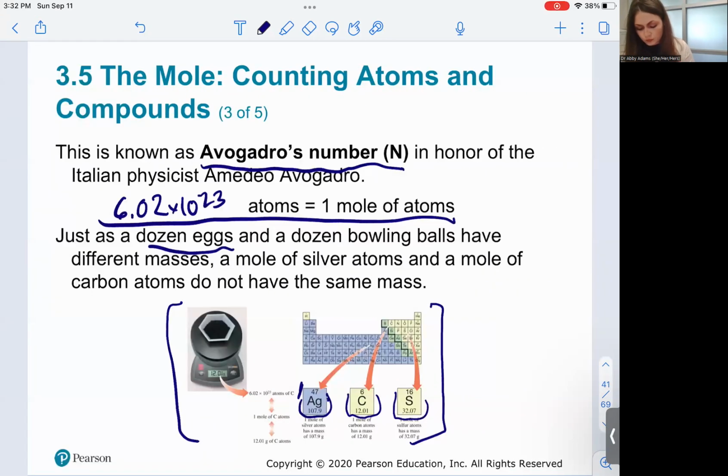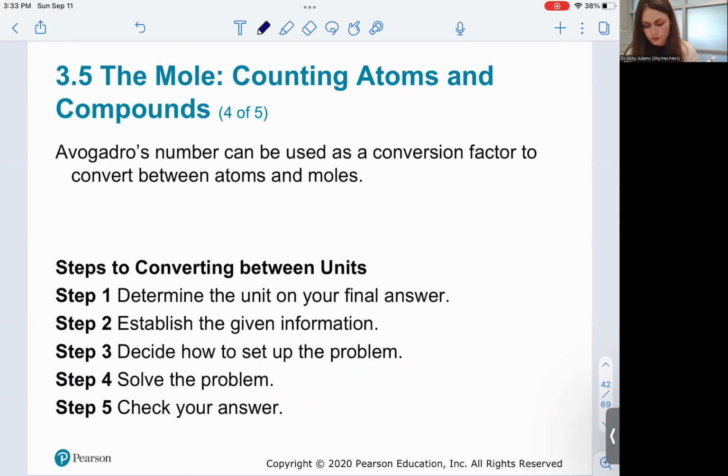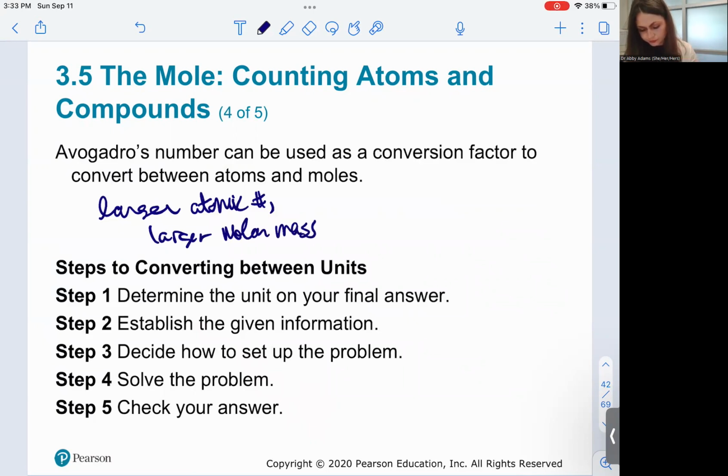As you have a larger atomic mass number, you're going to have a larger molar mass. It makes sense. And we're going to do some math to figure moles, atoms and molar mass.